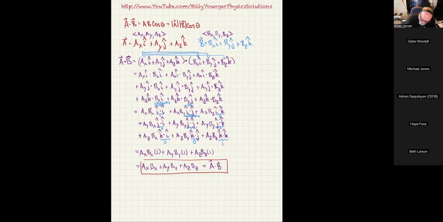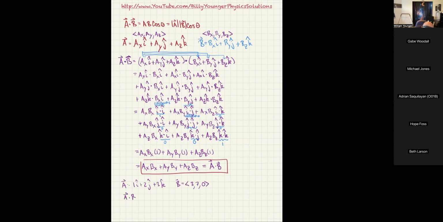But just as a quick example, let's say A is equal to 1 i hat plus 2 j hat plus 3 k hat. And let's say B, I want to write this a different way just to save us some time. Let's say this one is 3, 7, 0.